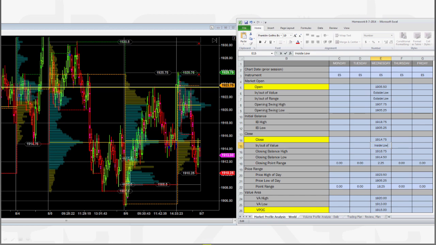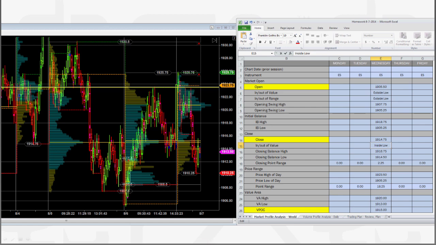Another question. So 7 points versus 13 points of IB tells us something about the commitment of traders within the local context. Absolutely. Remember the theory behind IB, and it used to be something that was much more reliable. It's not as much anymore in this market.